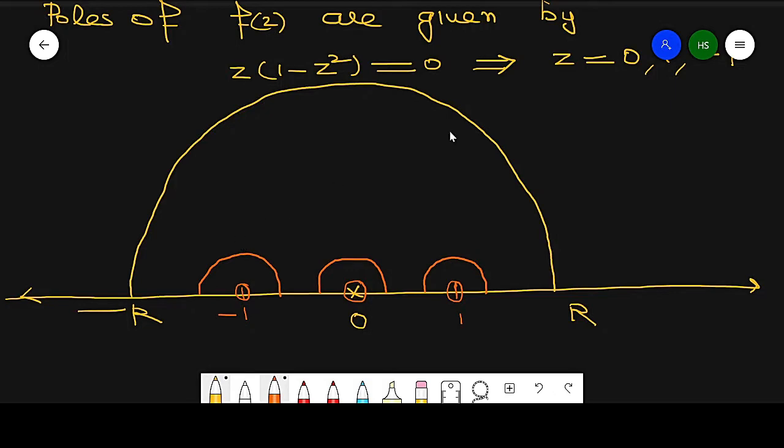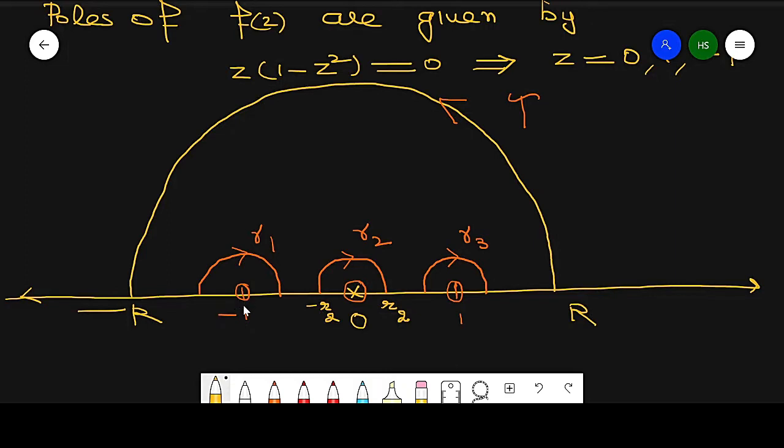The big semicircle is capital gamma tau, and these are gamma 1, gamma 2 and gamma 3. Its radius is r1 and its radius is r2, so its values are minus r2 and r2 because it is around the origin.